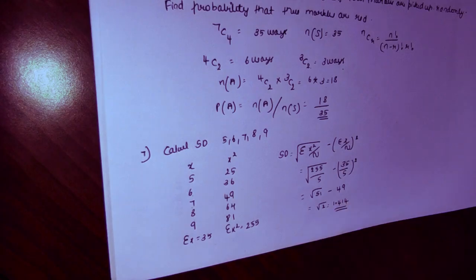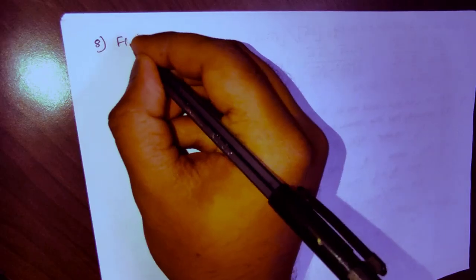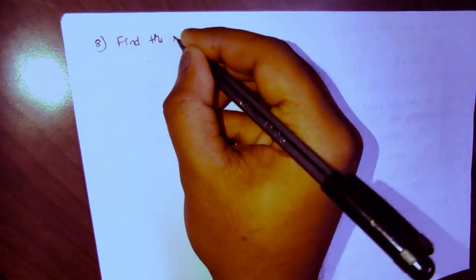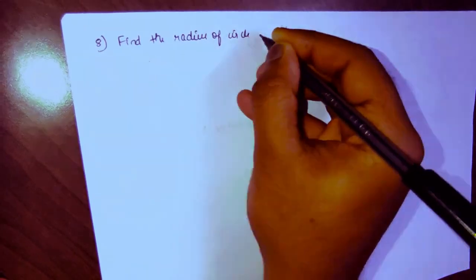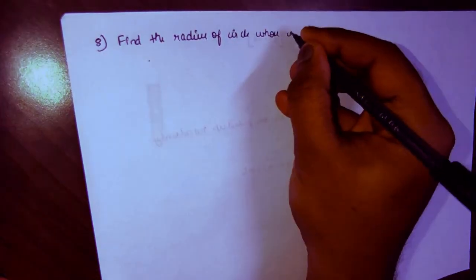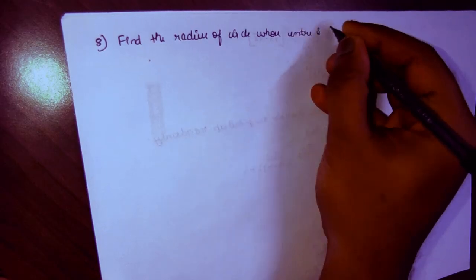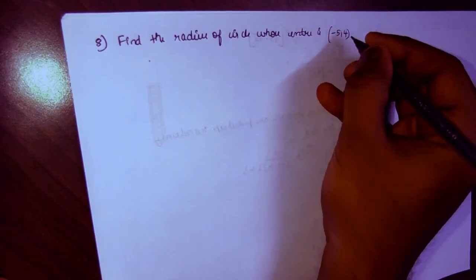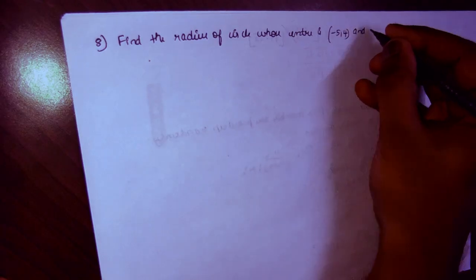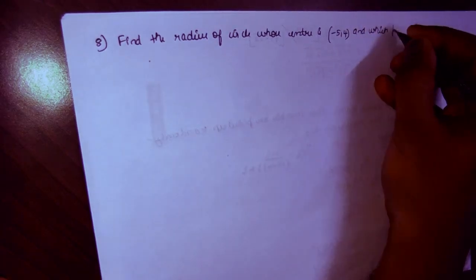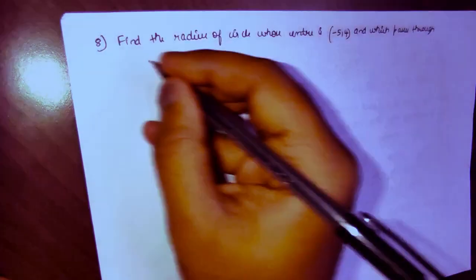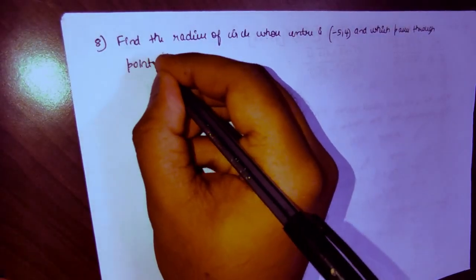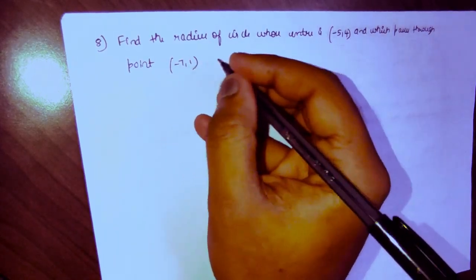Now we will move into the 8th question. Find the radius of a circle whose center is minus 5, 4 and which passes through the point minus 7, 1.